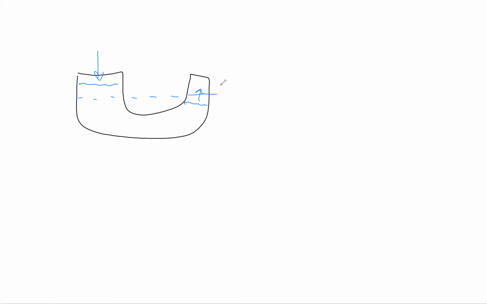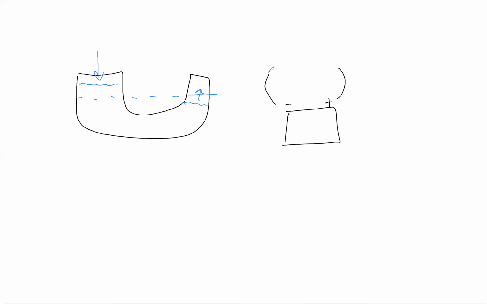Well, this happens with electricity as well. When we talked about the battery yesterday, if we have a battery with a positive here and a negative here, and they're connected to a couple of capacitors, a couple of plates, as long as those two plates are equal but opposite charge, there will be no flow of electrons.